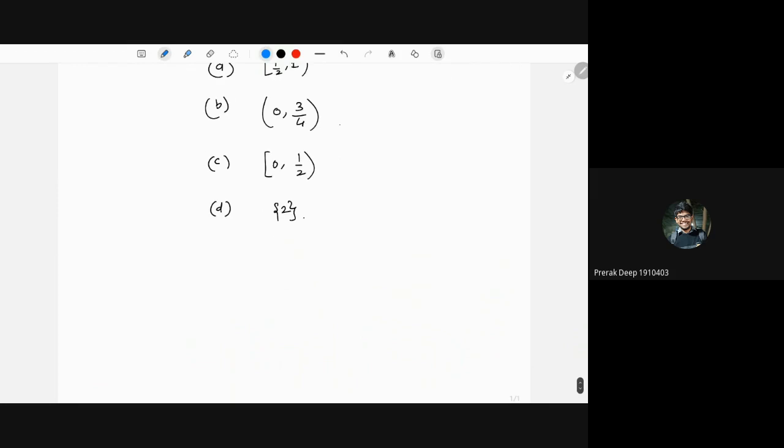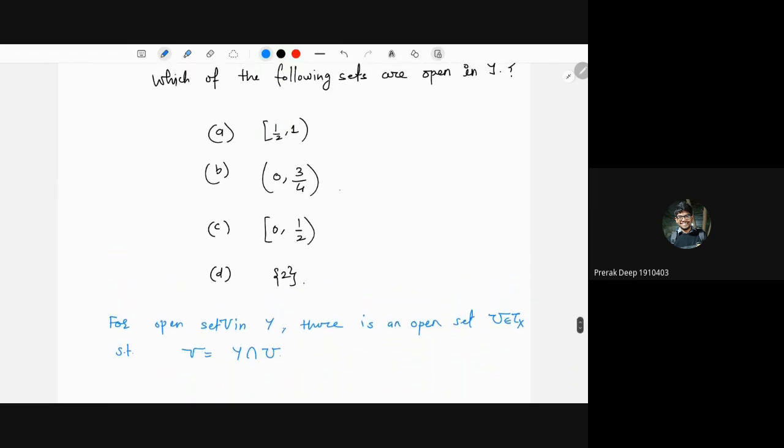When we say Y has a subspace topology from X, that means for an open set V in Y, there is an open set U in the topology of the bigger space such that V is nothing but Y intersection with U.